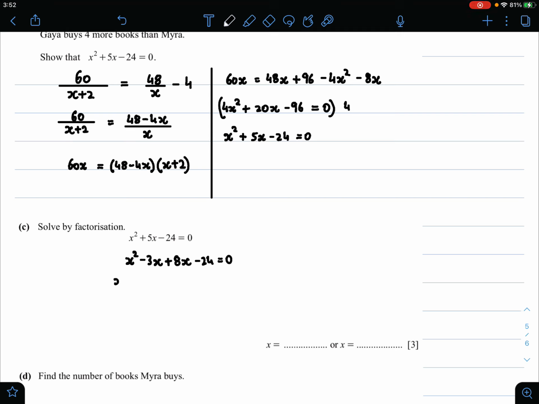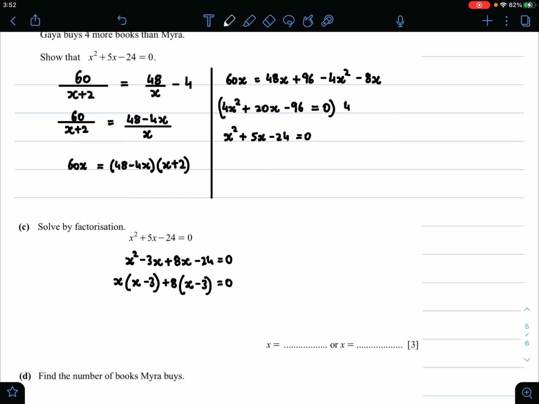So we can take x common between the first two terms. So x square divided by x is x, and minus 3x divided by x is minus 3. Now from the second two terms, we can take 8 common, so plus 8, and 8x divided by 8 is equal to x, and negative 24 divided by 8 is equal to negative 3.